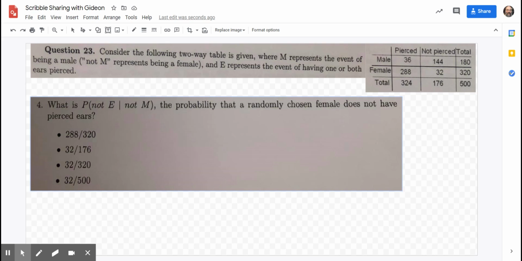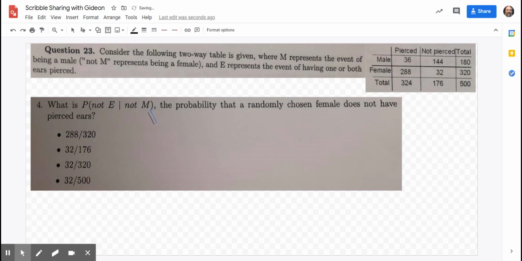What is the probability of not having pierced ears given that the student is female? Again, maybe I should write that out in pseudo language, or maybe I just need to use my symbol knowledge finally.